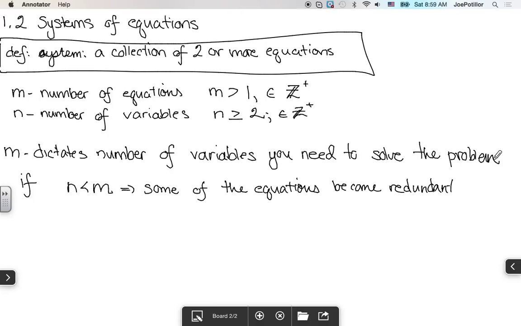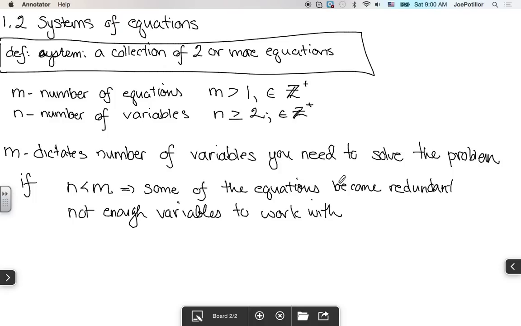You don't have enough variables to work with in this situation.